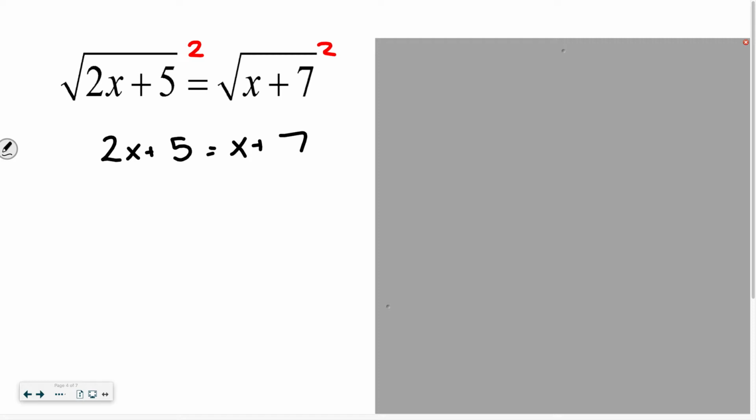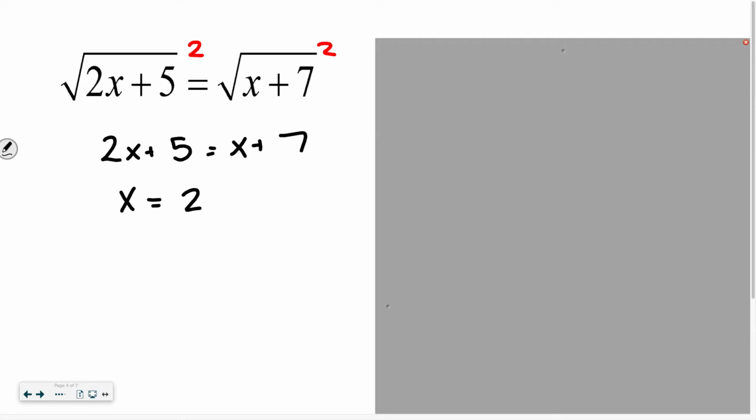Is that an equation you can solve? Yes, you've been solving those since Algebra 1, maybe a little bit before that even. Get x's on one side, get numbers on the other. So I'm going to subtract x from the 2x, which will get me 1x. I'm going to move the 5 over to the other side, so x equals 2.